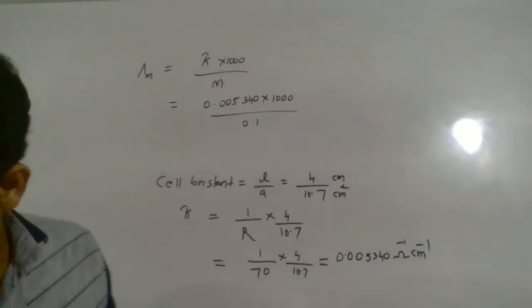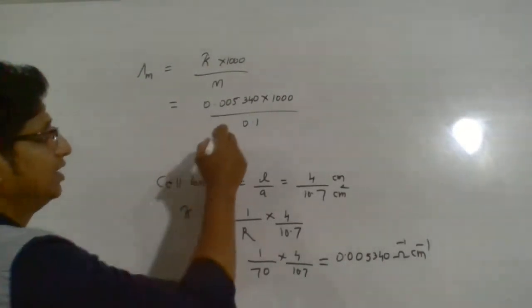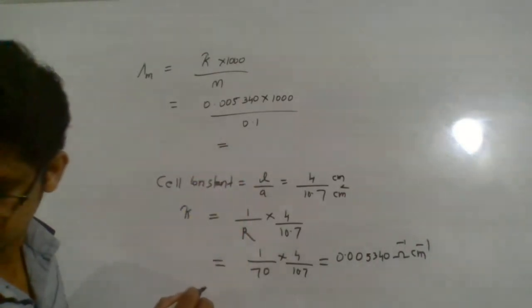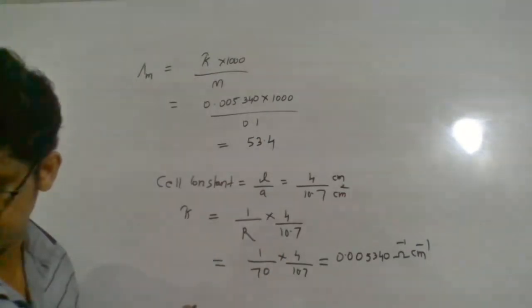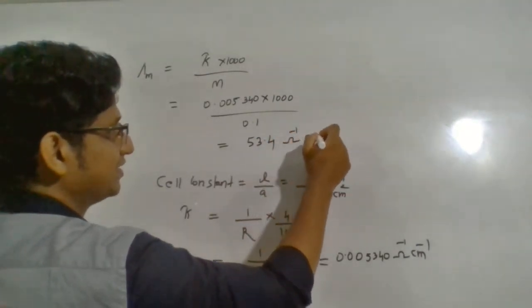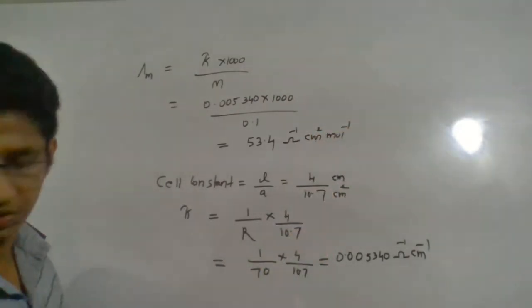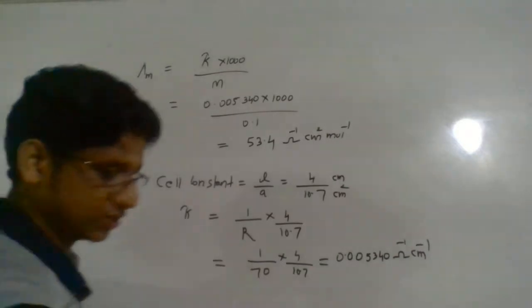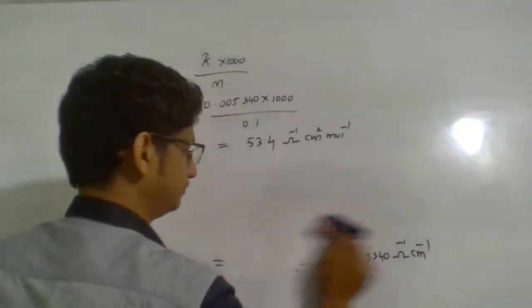If you apply it, you will get an answer which is equal to 53.4. The unit is also important: ohm inverse, centimeter square, mole inverse. So that's the final answer you're going to get.